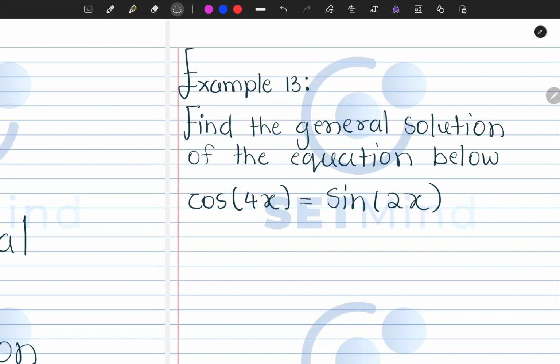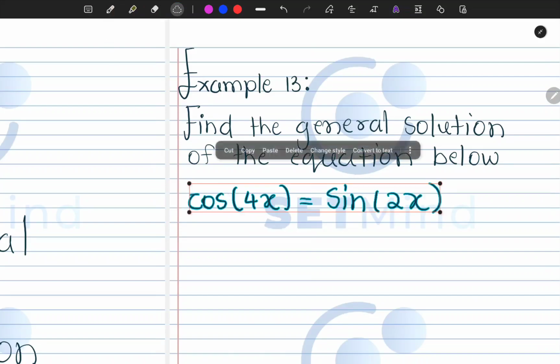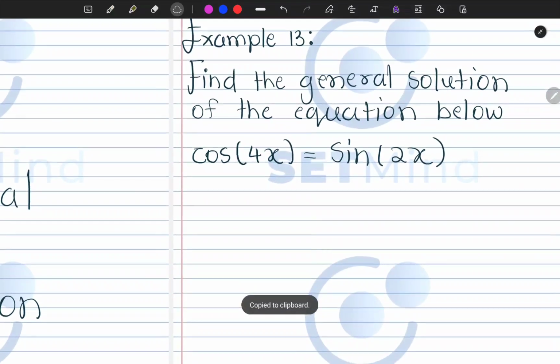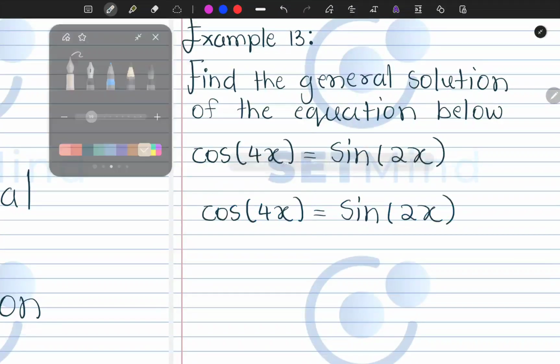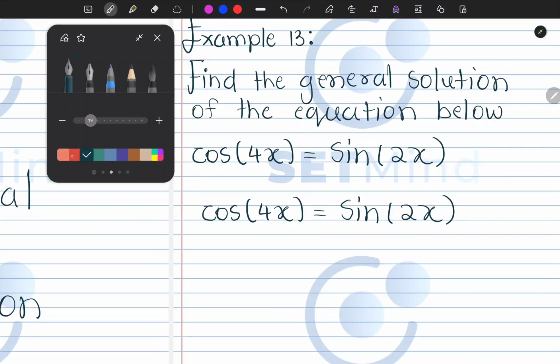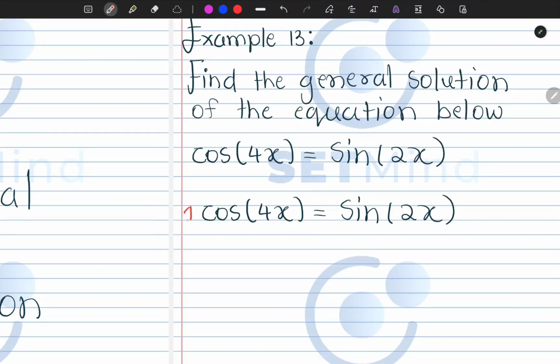So whenever you see such problems where you just have the trig ratios, especially sine and cos, and there's just a 1 or the same number, not even 1, but there's the same number either side, what we are going to do is use co-ratios.